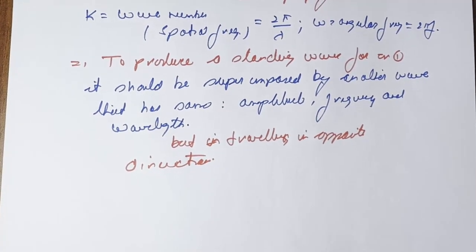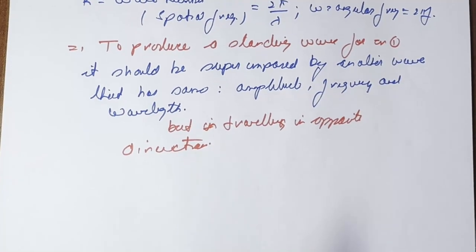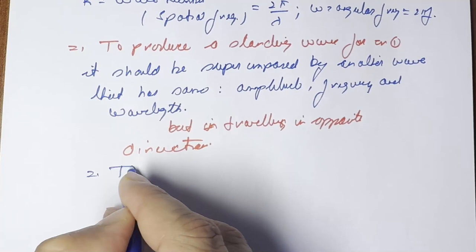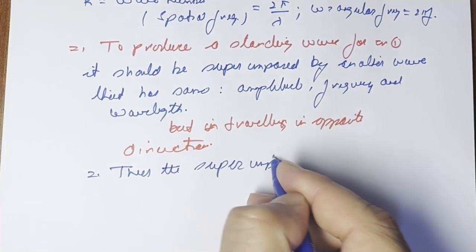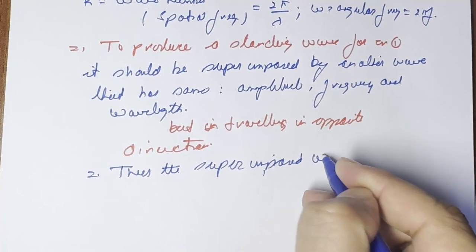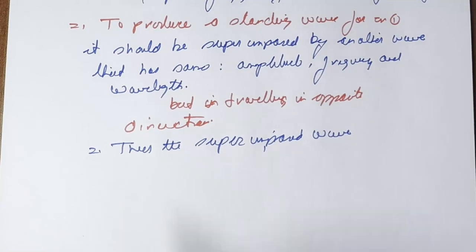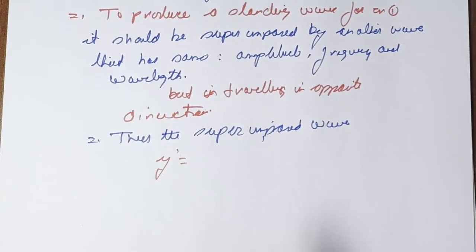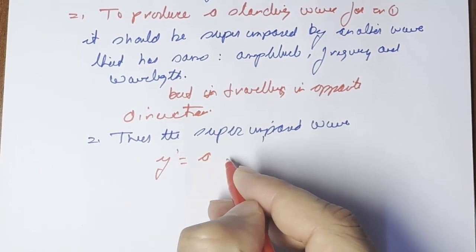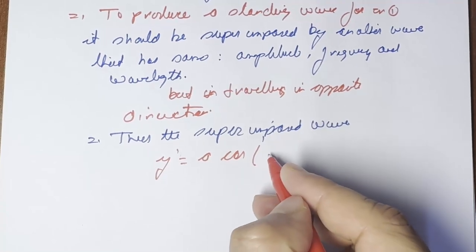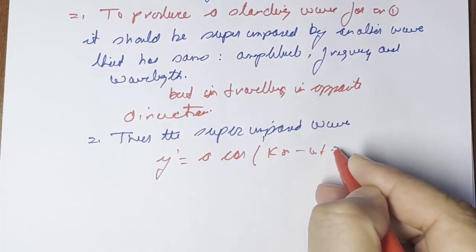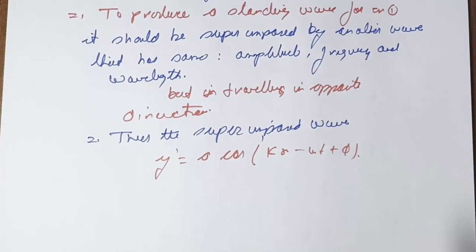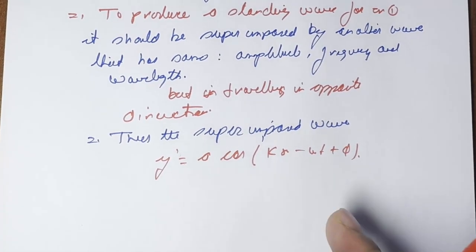So therefore, we can write that the superimposed wave, if it is represented as y prime, will be equal to a cos of kx plus omega t plus phi, and this phi will be equal to pi, because one is traveling to the left side.